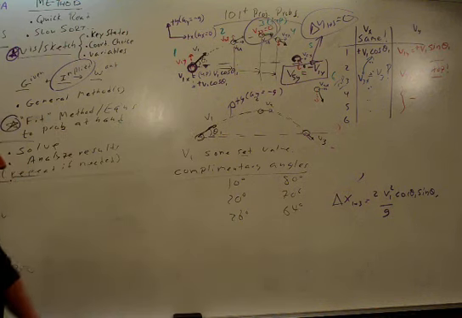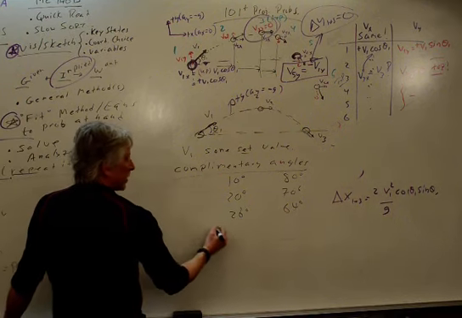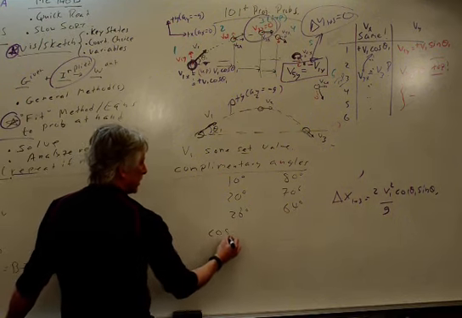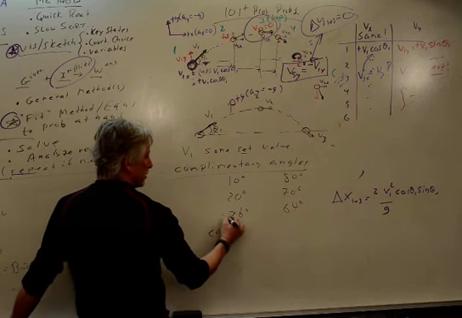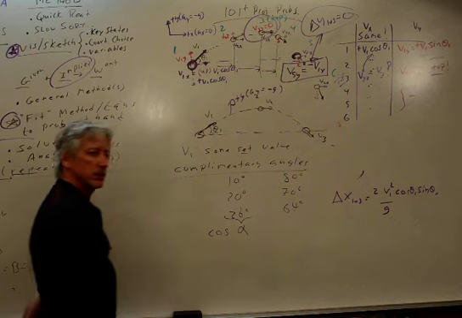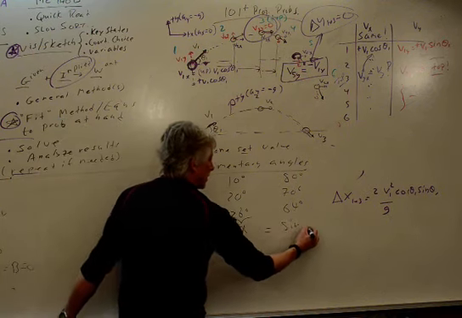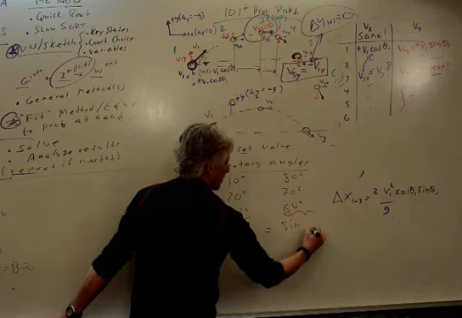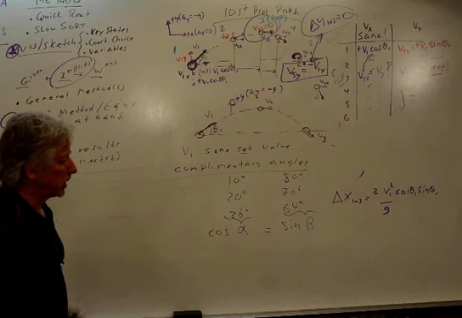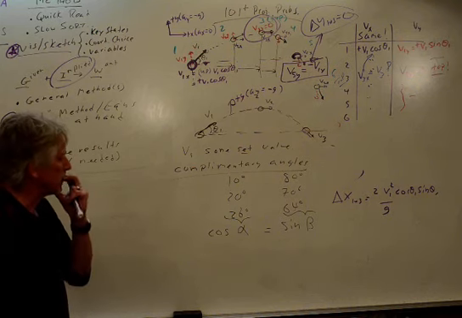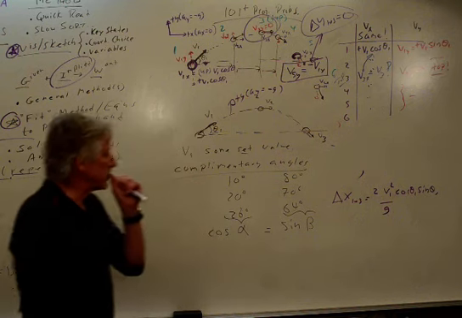So whatever you've got, the nice thing is that the cosine of this angle, let's call it alpha, is equal to the sine of this angle. Let's call it beta. Doesn't matter what you call it, right? All right. So that's interesting. Cosine of alpha equals the sine of beta.